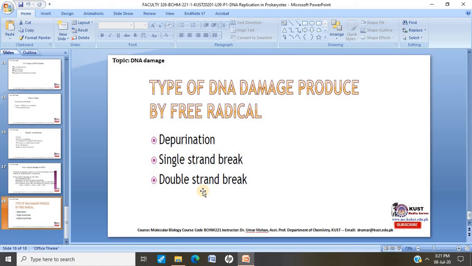After understanding the different methods of DNA damage, we will talk about how DNA is repaired through different processes. I hope once you have the idea of DNA damage, it will give you the importance of DNA repair mechanisms.